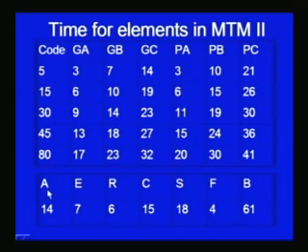Here A, E, R, C, S, F and B are other basic motions which are allotted time values in TMU. Here A stands for apply pressure, and the time allotted is 14 TMU.